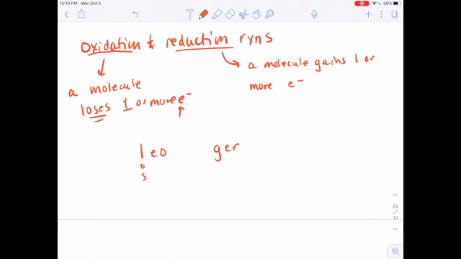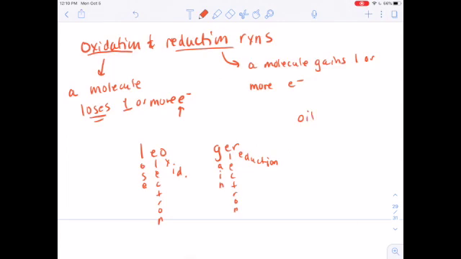If you lose an electron, it's an oxidation. If a molecule gains an electron, it's a reduction. It's stupid, but Leo goes grr, lose an electron, it's an oxidation. Grr, gain an electron, it's a reduction.